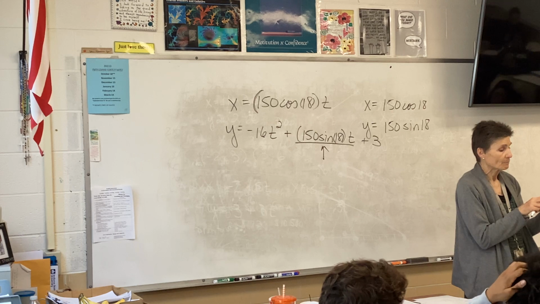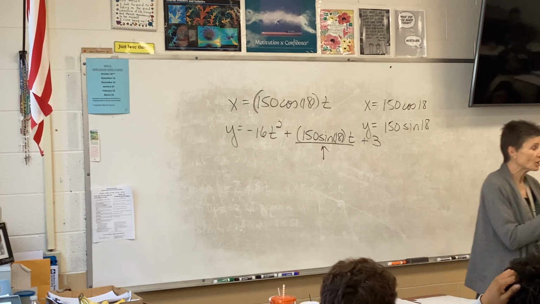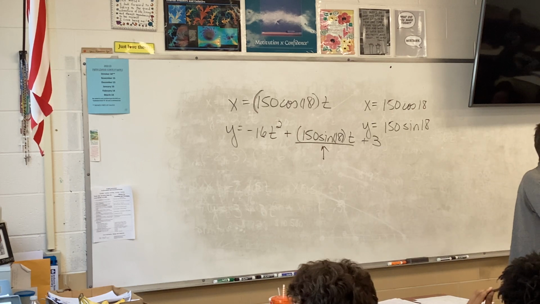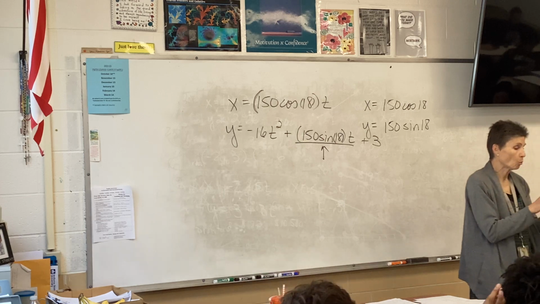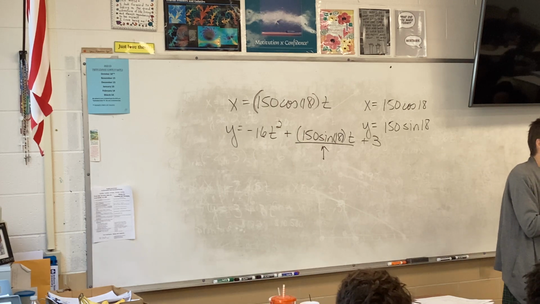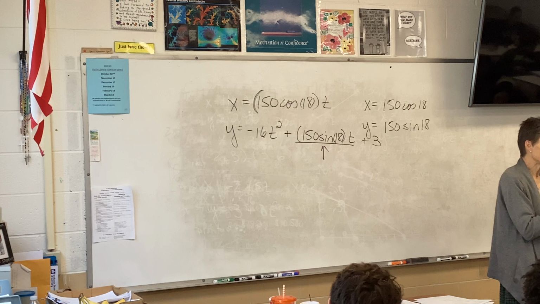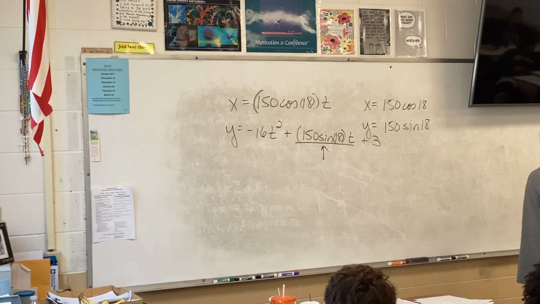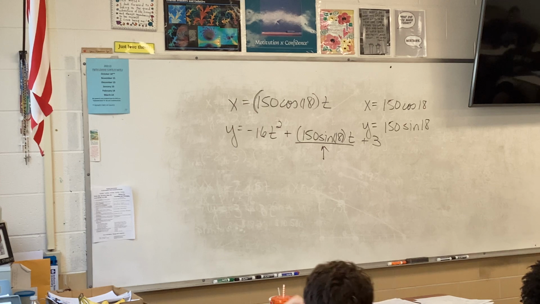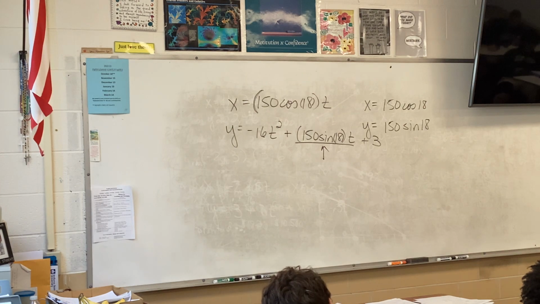Not second trace, just hit trace. And then use your arrow buttons to watch the cursor. And when the cursor is 20 feet above the ground, you gotta see it, you're 400 feet away, and you're not. So the ball is gonna come down before it hits the fence.